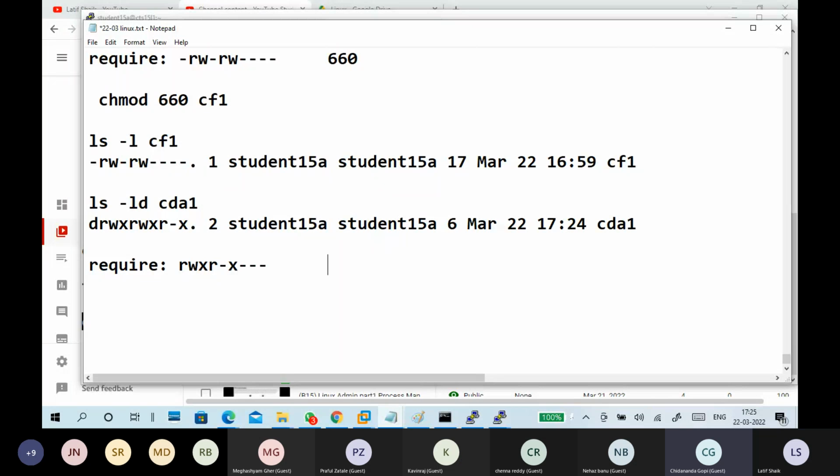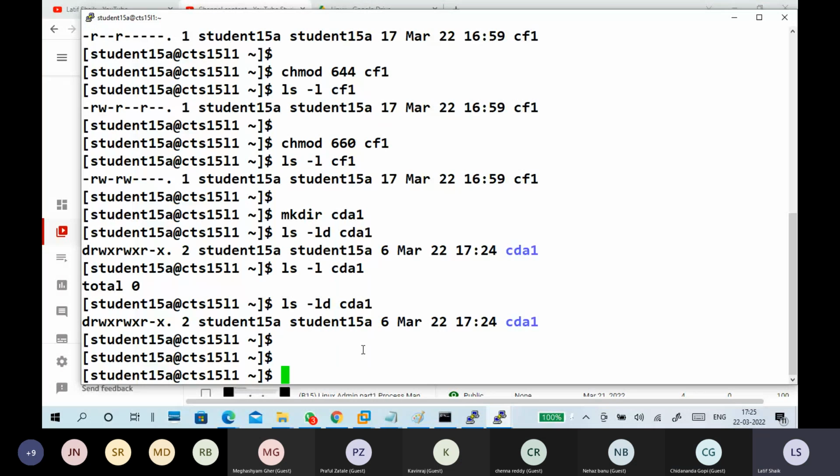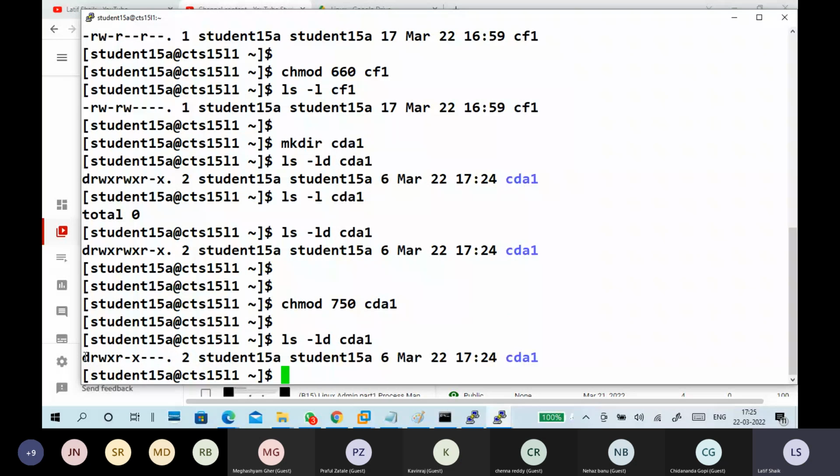RWX is 4 plus 2 plus 1, which is 7. RX is 4 plus 1, which is 5. No permission is 0. chmod, change mode, 750 on this directory. Look here, as per our requirement, permissions are changed.